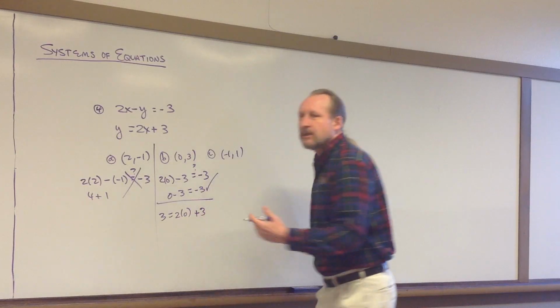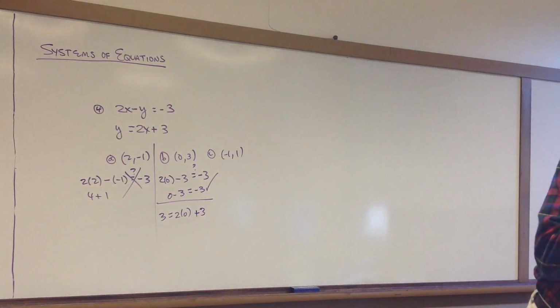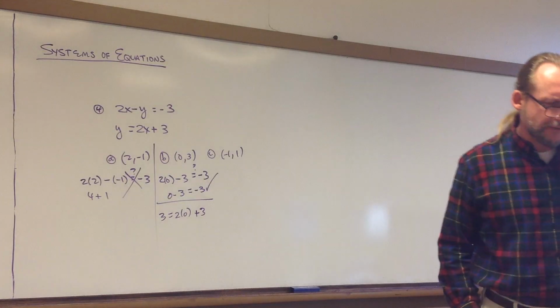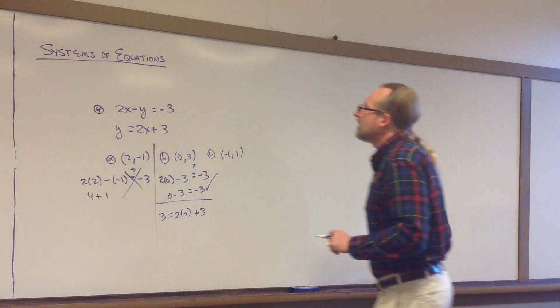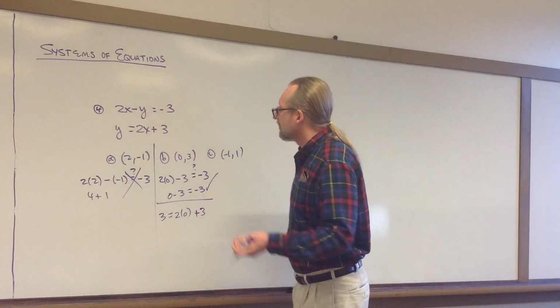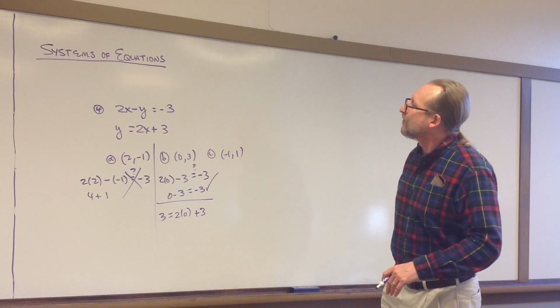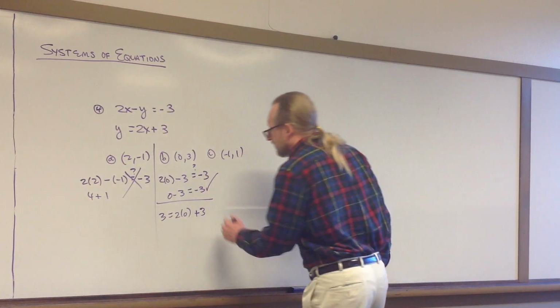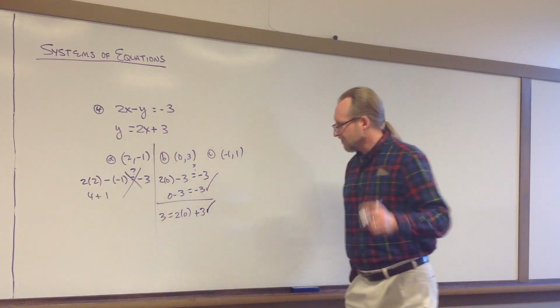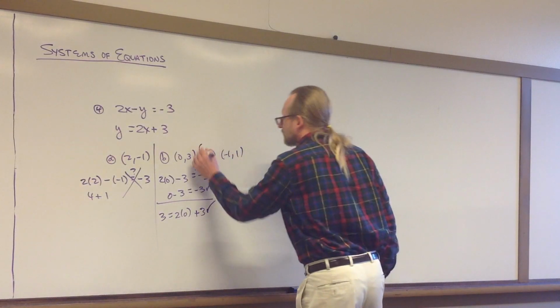I'm hesitating here because I'm realizing this is actually the same equation twice. 2x minus y equals negative 3 and y equals 2x plus 3. This is the same equation, right? If you add your y over here, add the 3 over here. So it's not really a system of equations in number 4. But if we pretend that it is, yes, the point 0, 3 satisfies both of those equations.